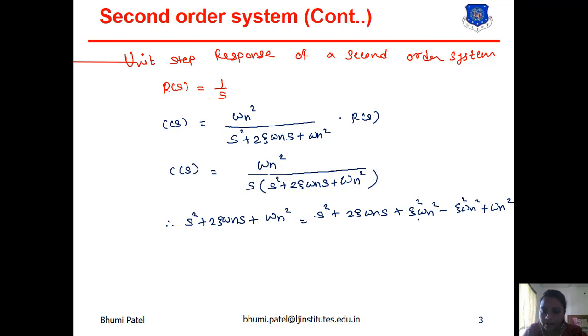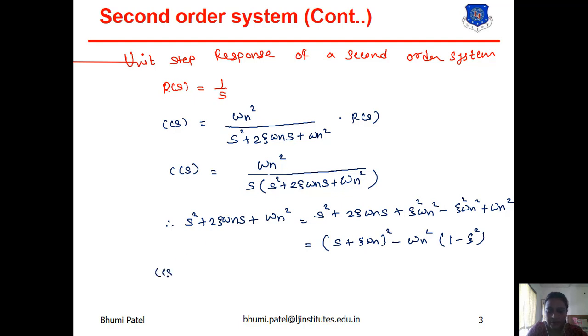We add this term zeta square omega n square and subtract it. Now the equation will become S plus zeta omega n whole square plus omega n square, with omega n square common in bracket 1 minus zeta square.